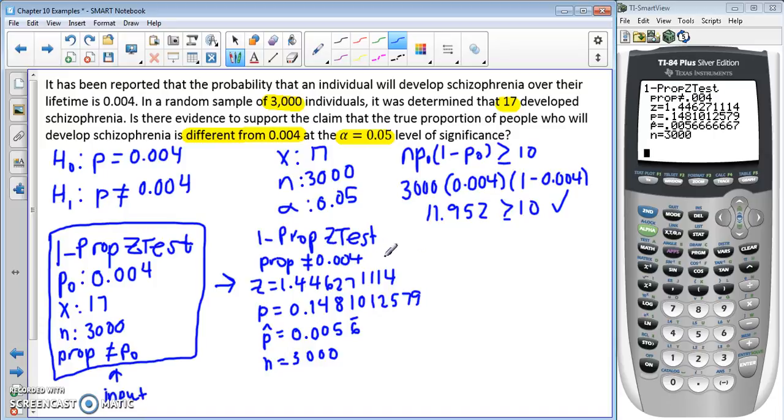So this is our alternative hypothesis. This is our test statistic. This is our p-value.